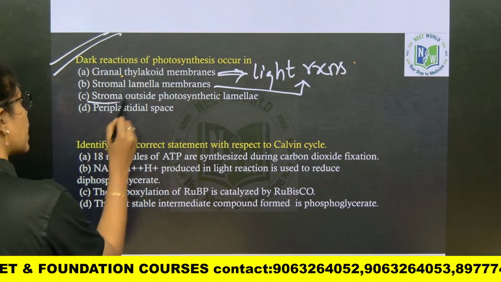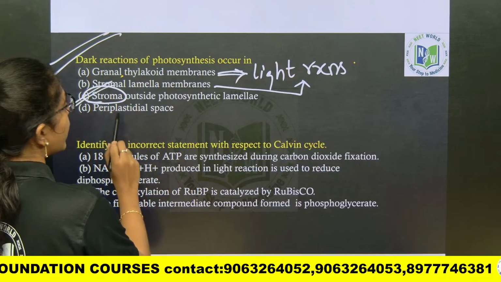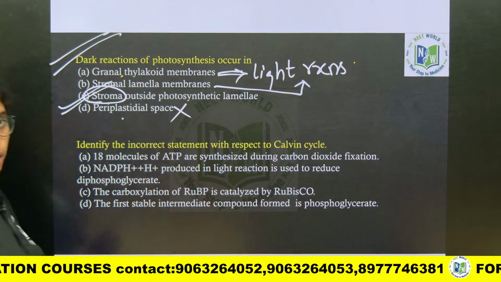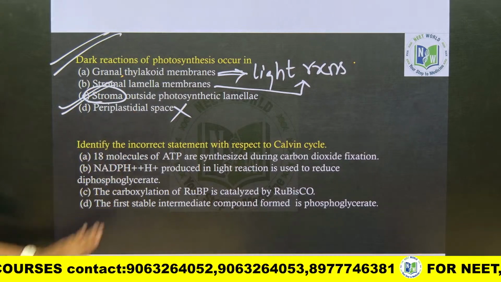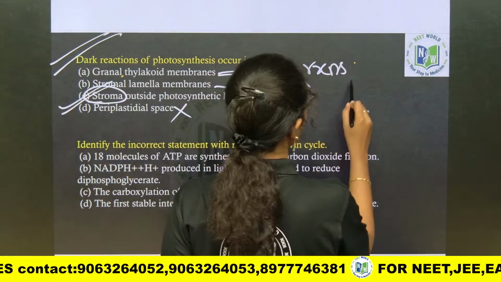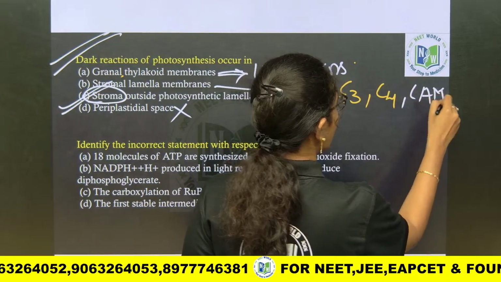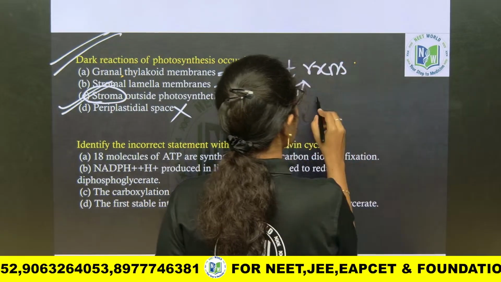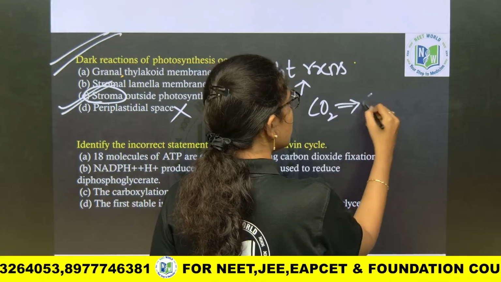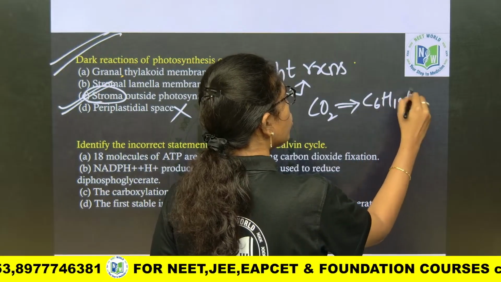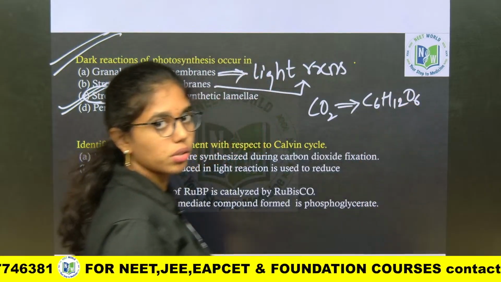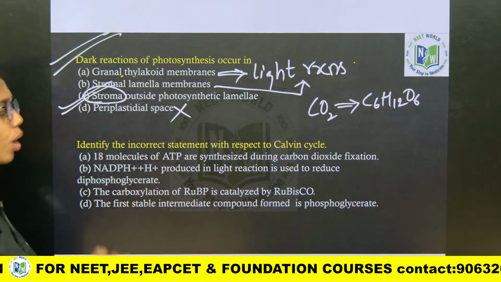Outside that, inside the stroma, this is correct. Periplastidial space, wrong. Dark reactions include C3, C4 or CAM. Anything which involves carbon dioxide fixation or formation of glucose, sucrose or sugar molecules happens in the stroma of the chloroplast.